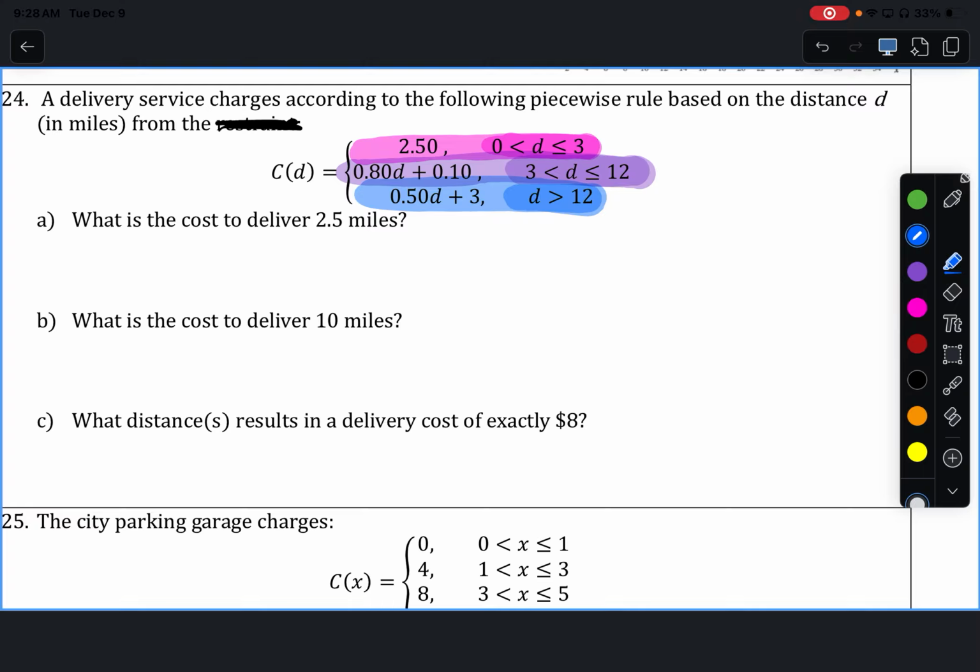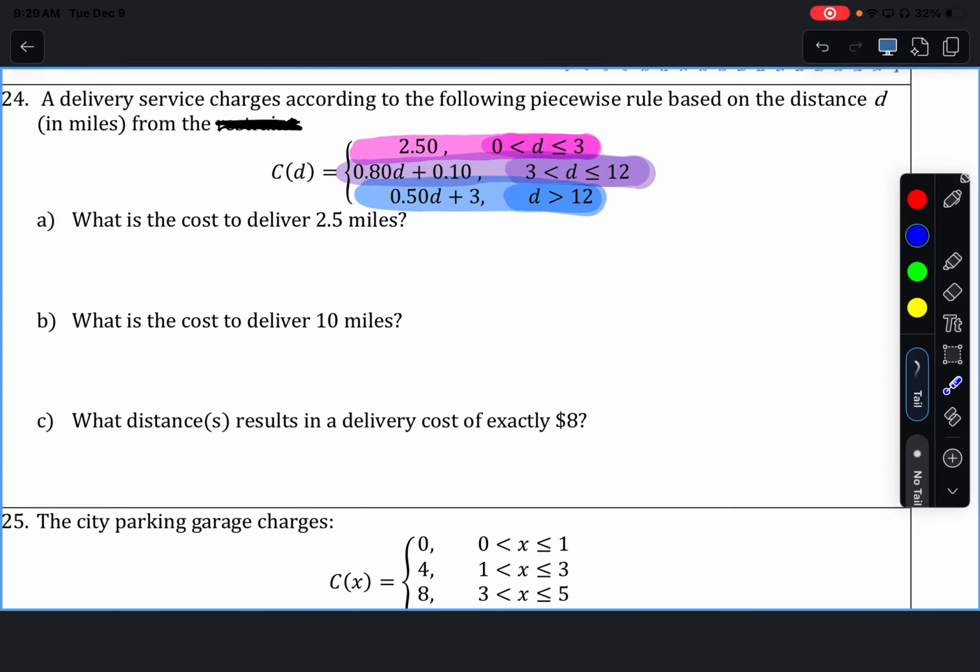Okay. Now we're going to talk about C. So C is a different type of question. It says what distances result in a delivery cost of exactly $8. So this over here is what represents our delivery cost. Is there any way the first equation is going to have an $8 delivery fee? No, because what is the delivery fee for the first equation? $2.50.